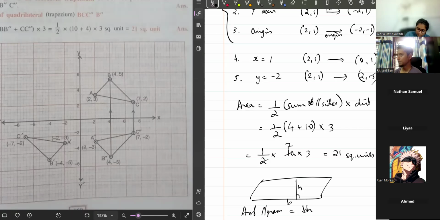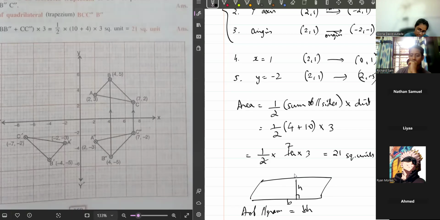Any area formula is product of two perpendicular sides. Okay. Provided that the parallel sides are equal in length. So here, see, this is one perpendicular side, this is another. So one parallel side into the perpendicular distance between the two sides.